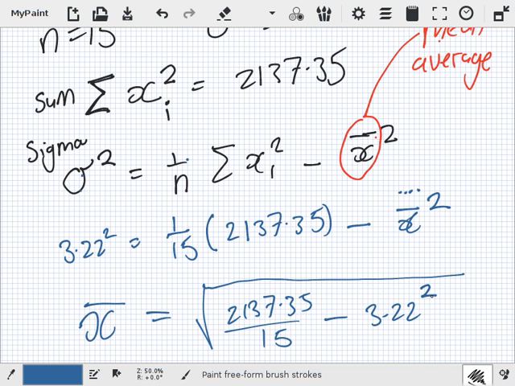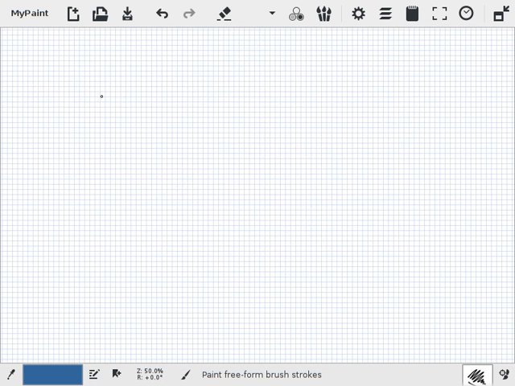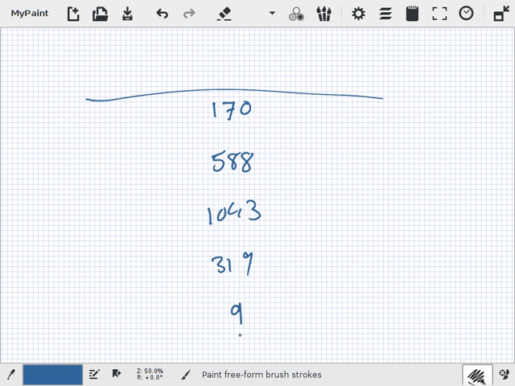All right. The next thing now is another baby school question. They give you a table. Not even a formula. They say 170, 588, 1043, 319.